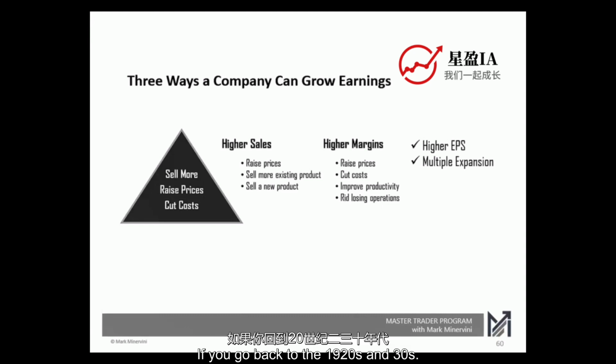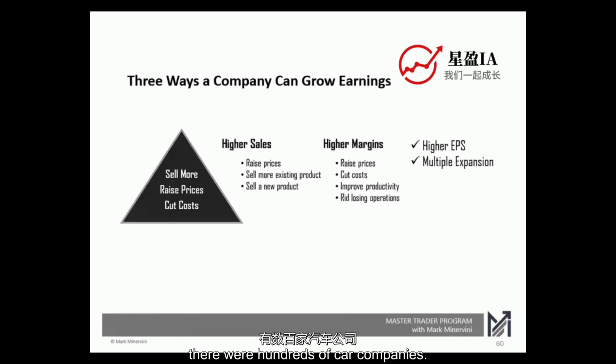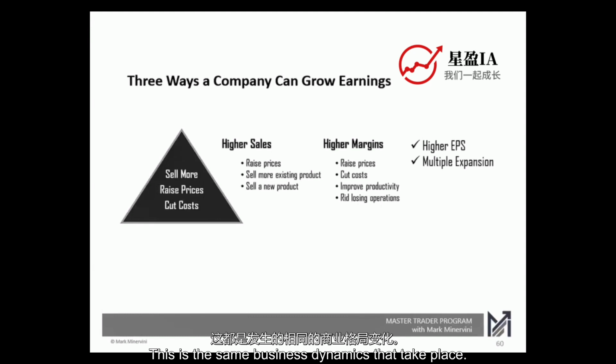If you go back to the 1920s and 30s, Coca-Cola was like Monster Beverage today. There were once hundreds of car companies, before it was boiled down to GM and Ford and Chrysler and just a few. They were like high-tech companies. Even in the internet phase, we had all these internet companies, and then it boiled down to just a few. This is the same business dynamics that take place.